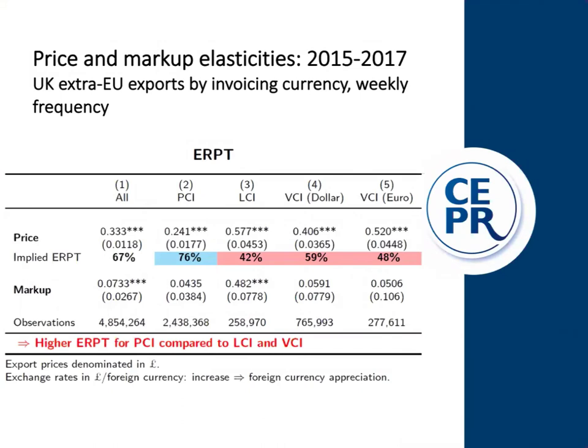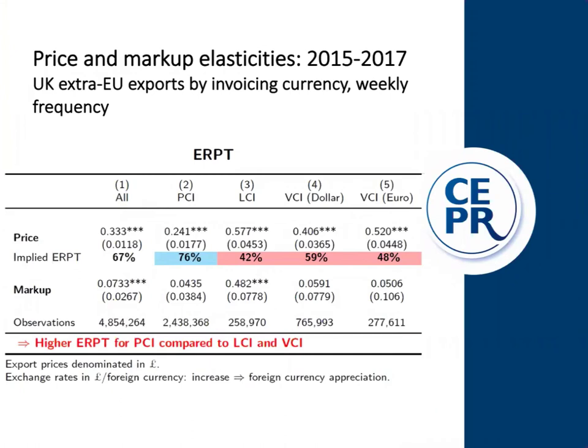So if we start just at the top, column 1 shows us that the export price elasticity for British goods is 0.33. What this means is that in response to a 1% depreciation of sterling, the sterling price would rise by 0.3%. Another way to say this is an implied exchange rate pass-through of about 2/3.